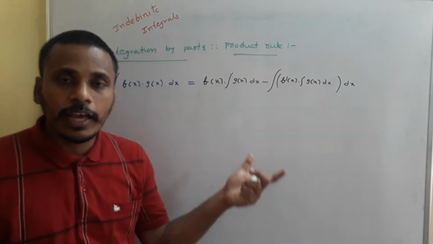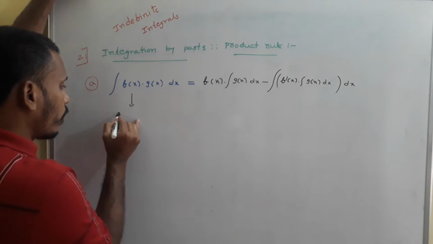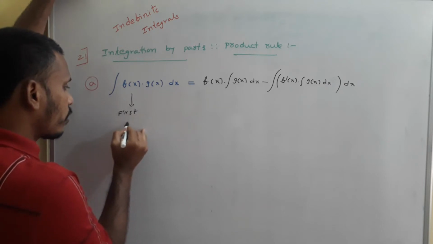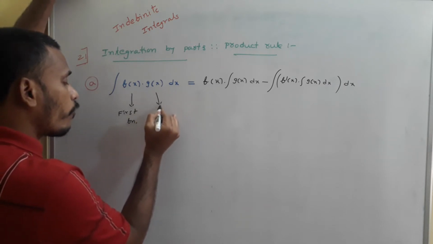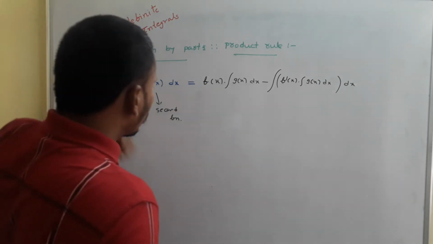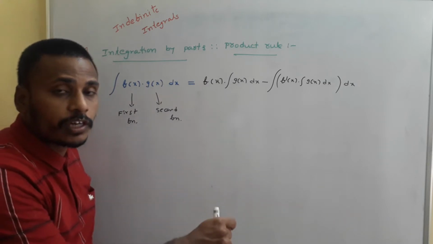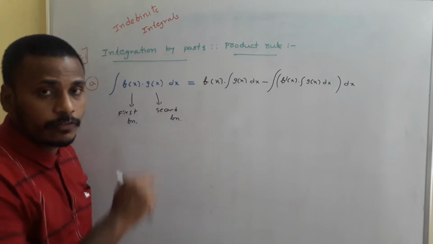This is the integral of f of x into g of x dx. Usually this f of x is the first function, and this g of x is the second function. Okay, but it is a must to decide which one we need to consider as the first function and which one as the second function.